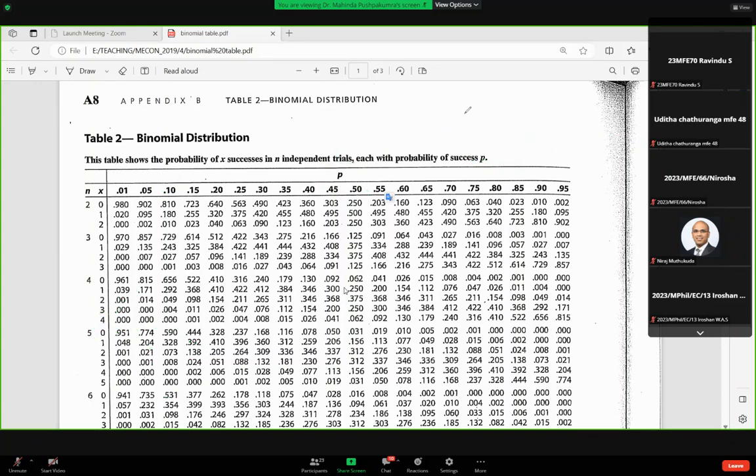Now let's say n is equal to 5, P is equal to 0.1. You visited the GN office 5 times to meet the GN officer. The probability that the GN officer is available at the office is 0.1. What is the probability that you did not meet the GN officer? What is the probability that you meet 1 time, 2 times, 3 times, 4 times, 5 times?